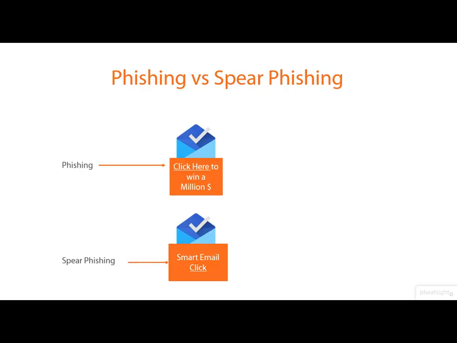On the other hand, spear phishing is a highly specific form of phishing attack. By crafting the email message in a particular way, the attacker hopes to attract the attention of a specific audience.